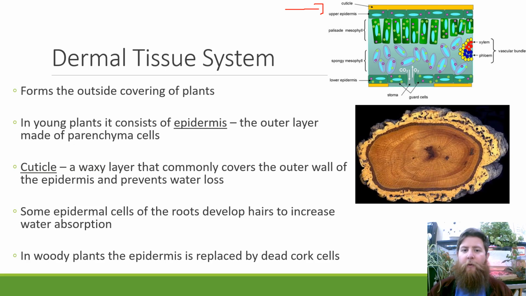This cuticle is a waxy layer that prevents water loss, protects the plant extra, and keeps water inside of the plant so it's not dehydrating. We also get these hairs on the outside of epidermal plants that help increase water absorption, particularly in the roots of plants. And then in woody plants, the epidermis gets replaced later by dead cork cells.